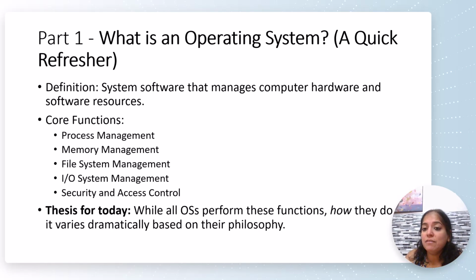So the critical insight for today is that while the what is universal, process management, memory management, etc., the how is where these philosophies diverge dramatically. So this is basically the how that we are dissecting today, right?